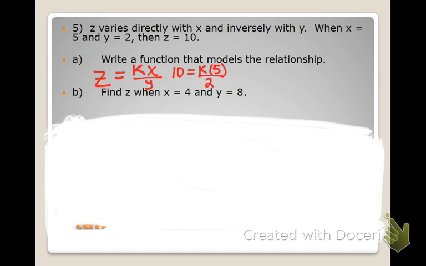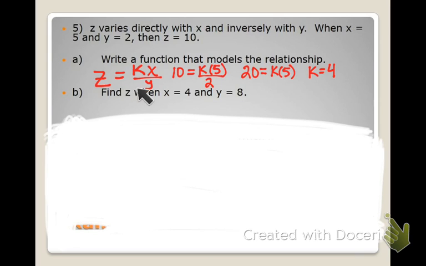We got to get k by itself. So my first step is to multiply both sides by 2. 10 times 2 is 20. Equals k times 5. And then we have to divide by 5. So k equals 4.